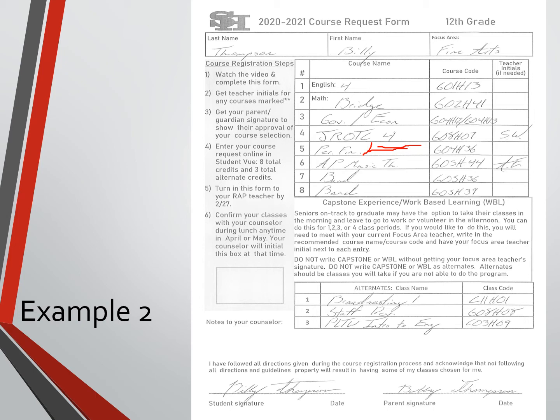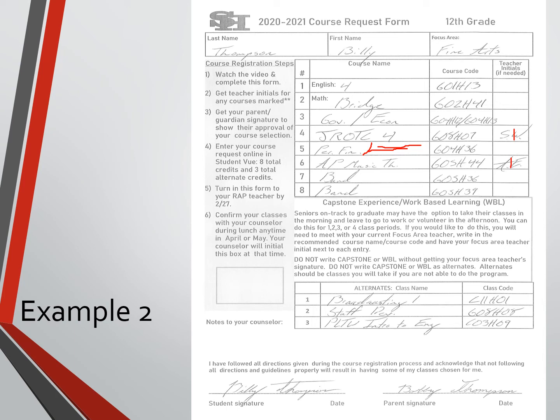But for the most part, their capstone or upper level CTE courses, they did get a signature for, so that is good. And their upper level AP Music Theory, they got signatures for as well.